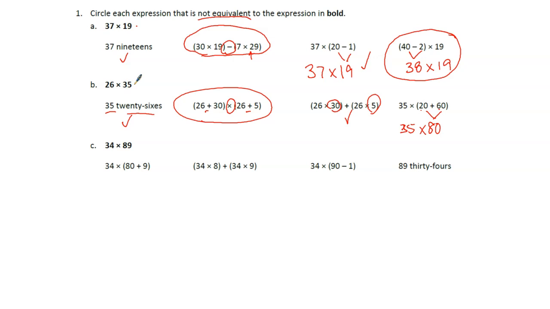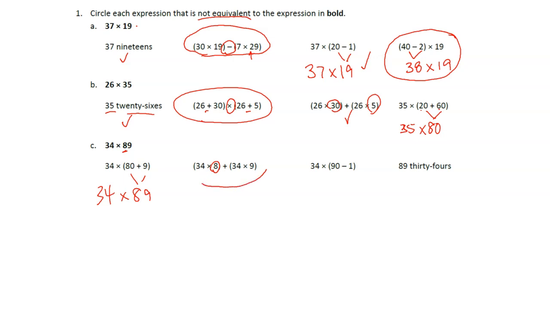All right, last one. C, we know that 8 tens plus 9 is 89, and that's equivalent to 34 times 89. Here, same thing. We have, red flag went up. This 8 is 8 tens in our original expression, but here we have it as 8 ones.